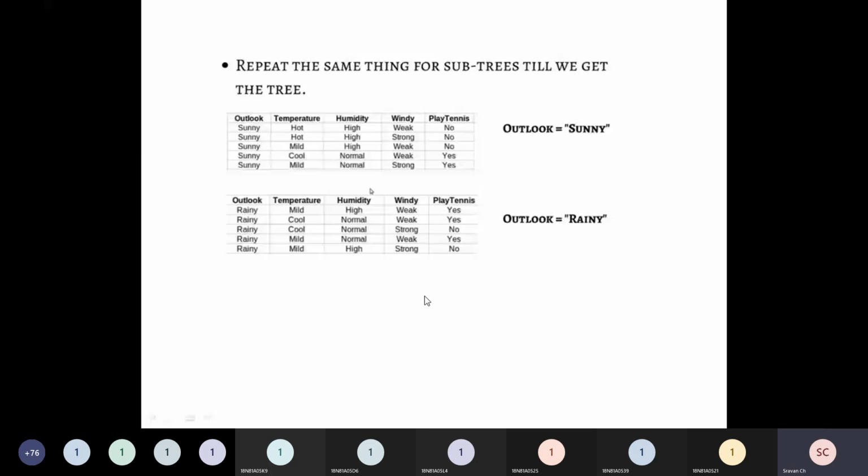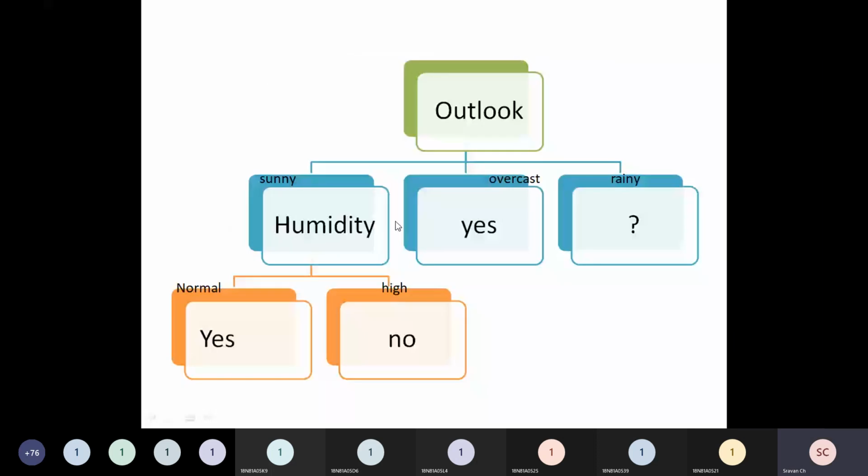And when we have seen the gain, it has been observed that windy has got the maximum gain when compared to humidity and temperature. So this question mark will be replaced by windy. Now friends, if you observe, outlook is the root node, humidity has become one node, windy has become another node, but temperature is missing.